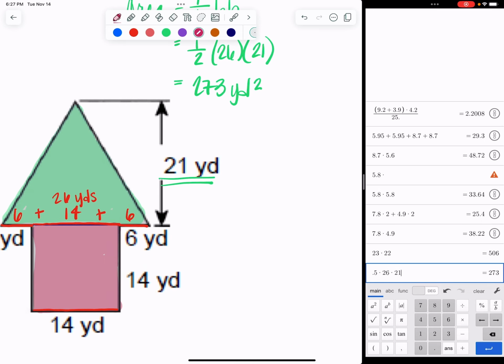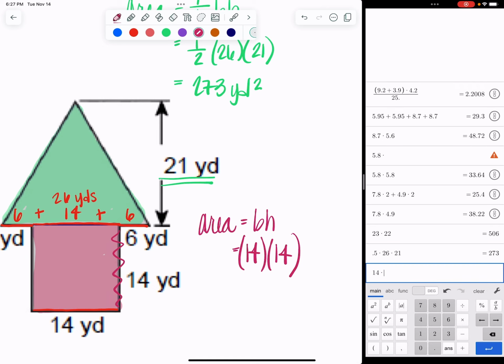So we need to go down here and do the area of the square. Area of the square is base times height. You already told me the base. The base was 14. The height is also 14 from right here. So my triangle is 273 square yards.